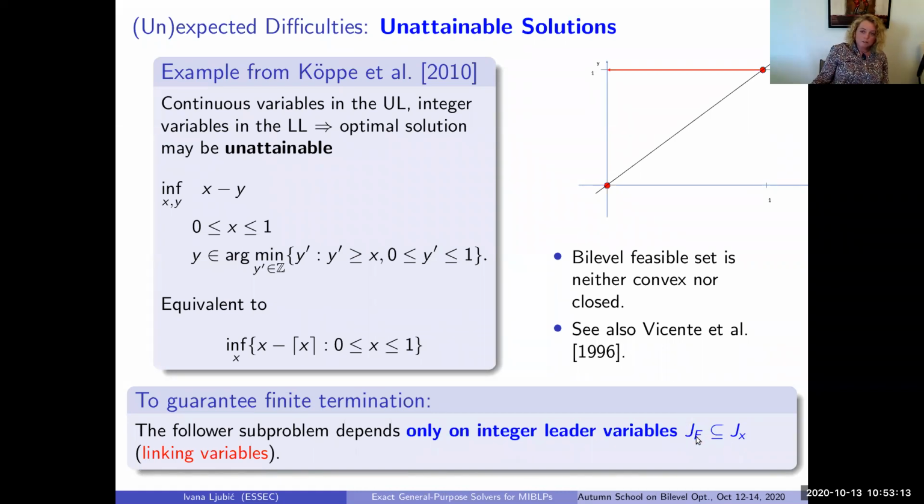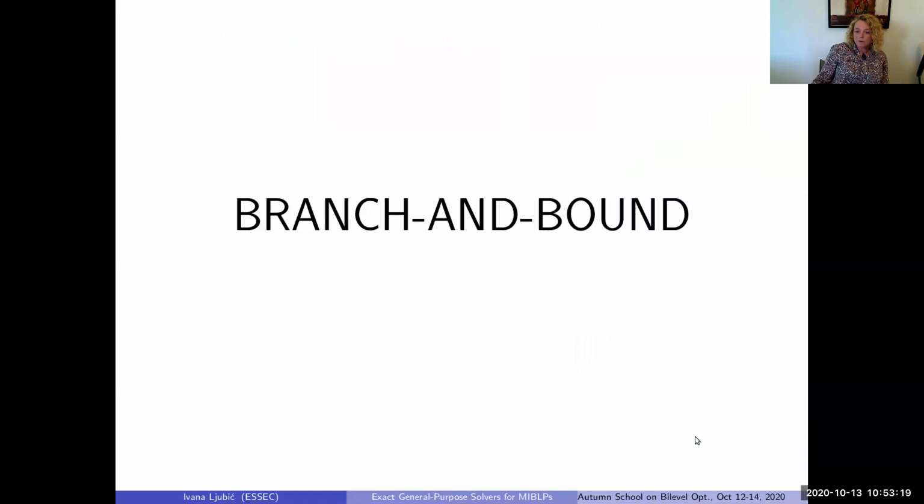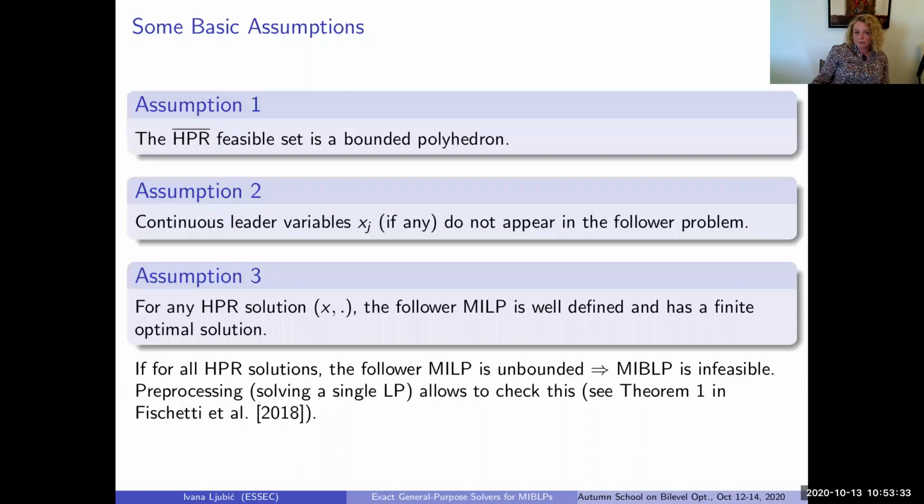These are the variables that control the follower, the linking variables. Okay, so now we are ready to develop a finitely convergent branch and bound algorithm based on these assumptions.